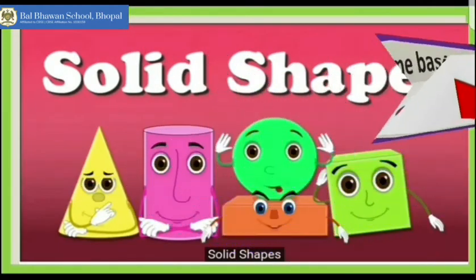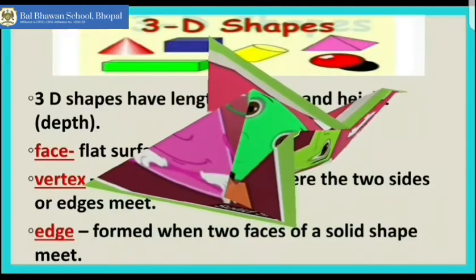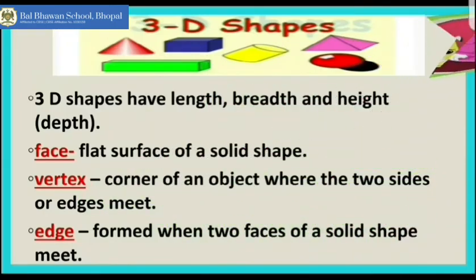Now we learn about solid shapes. So children, you already know that solid shapes are also called 3D shapes, that is, they have three dimensions, which are length, breadth and height, or you can say depth.